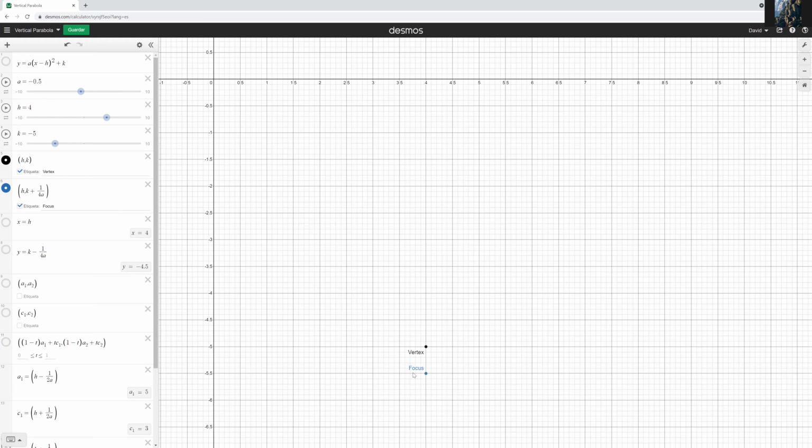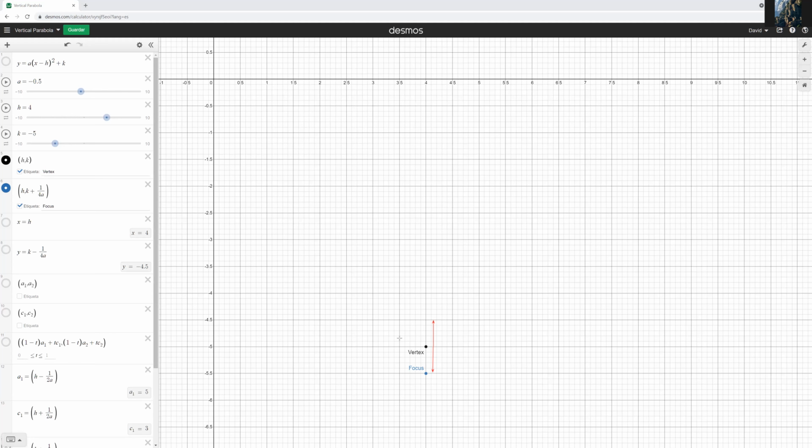Now the axis of symmetry will be the line that unites these two points. I'm representing it by a green dashed line. I'm going to put it at the end so it doesn't get in the way. So we have the axis of symmetry. Very easy. Now the directrix. If you remember, it'll be found exactly at the same distance, but in the opposite direction from the vertex to the focus.